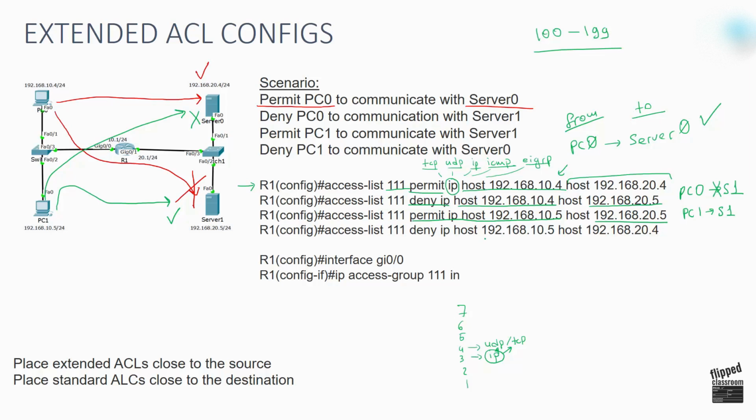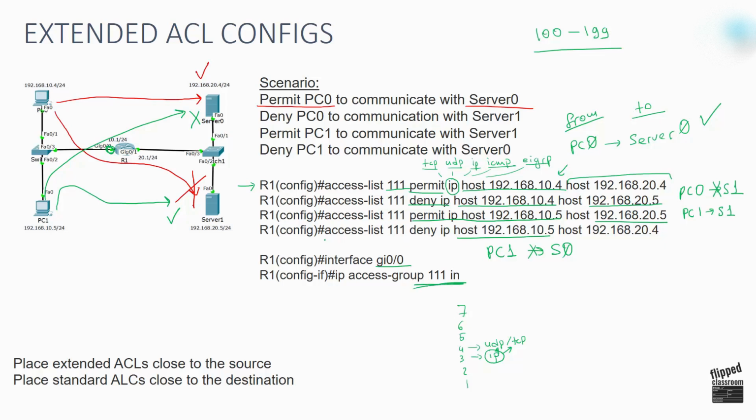And our last rule will say that IP communication from host PC1 is denied to server 0. Then we implement these rules on the gigabit 0/0 interface as an inbound ACL.